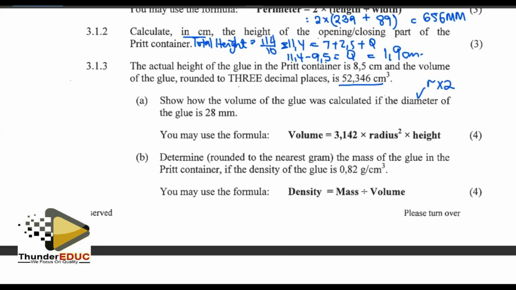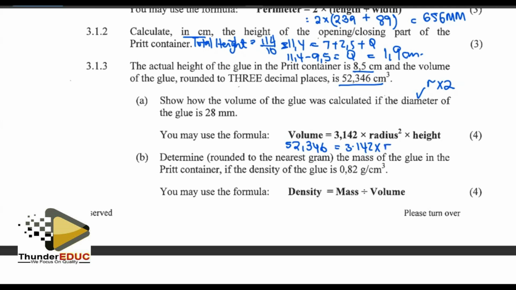And the volume and the height of the glue and the formula to get the radius together. So this will be my volume, yes, which is 52,346 equals 3,142. Do we know the radius?